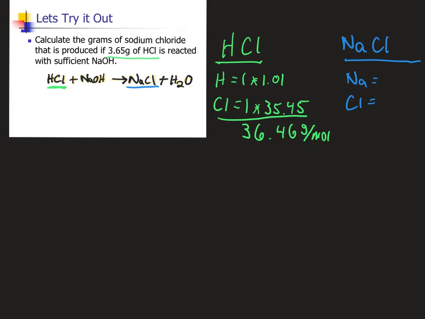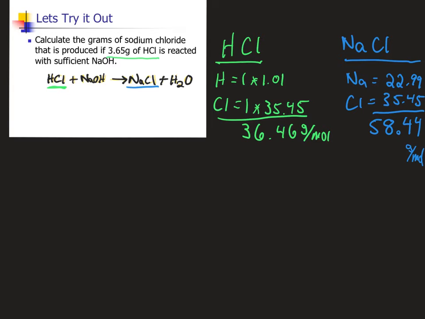Because there's one of them and I feel we're intelligent beings, I can write 22.99 and 35.45 and not have to show the multiplication of 1 times those. We would add those up. Four, carry the 1, and then I believe it's... ran out of space, but the label would be grams per mole.